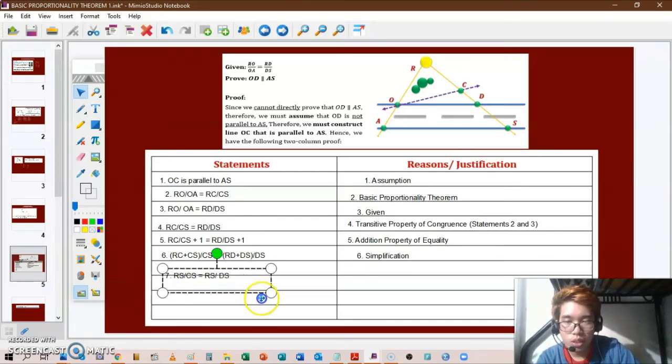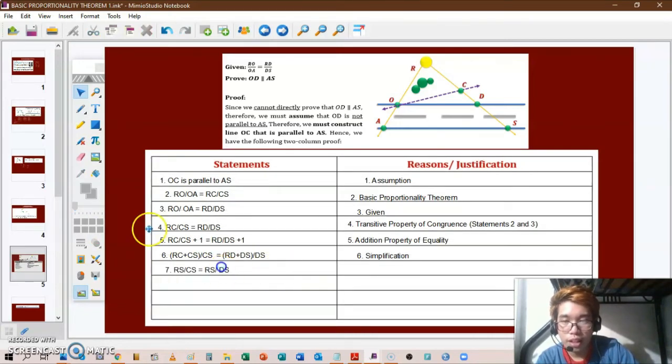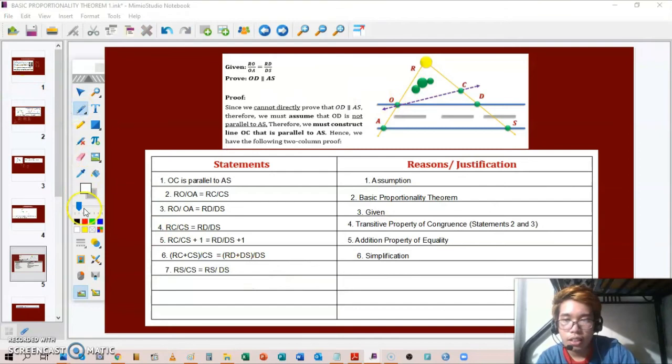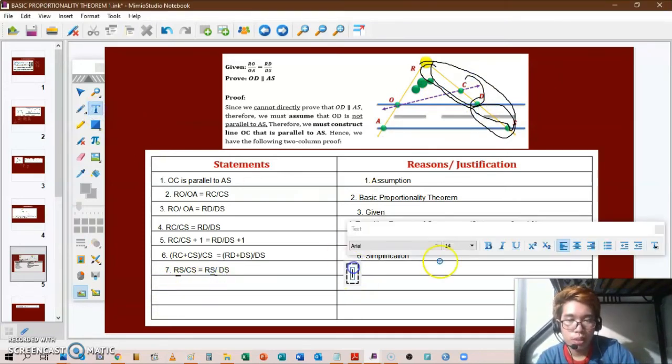Because what we did here is we substituted the value of this line here. If you see this line, I'm going to draw it in black, RC plus CS gives you RS, and also RD plus DS also gives you RS. So the reason for that is simply the substitution property of equality.